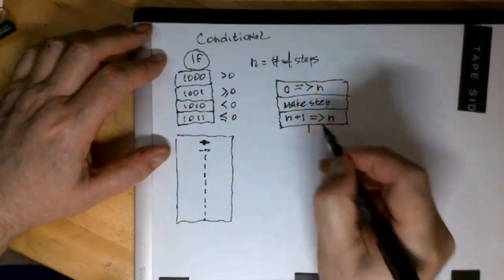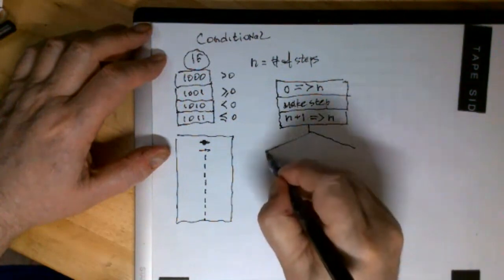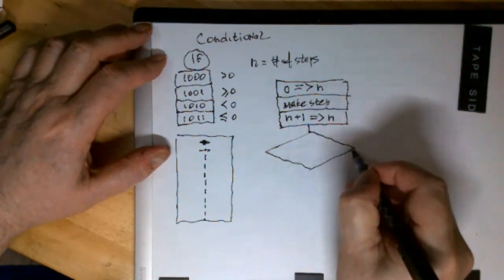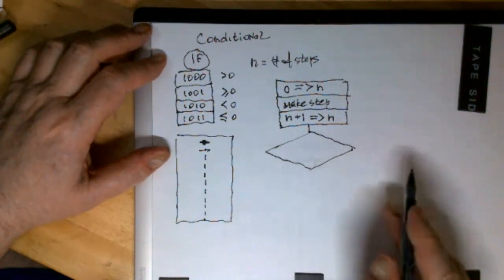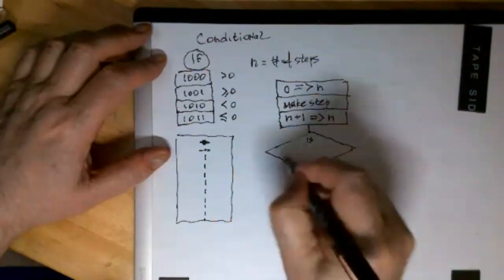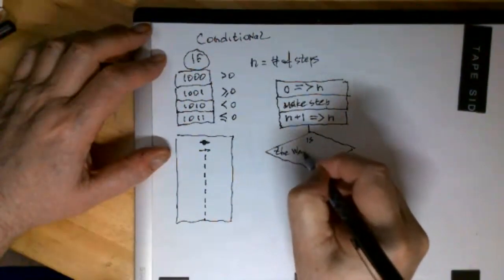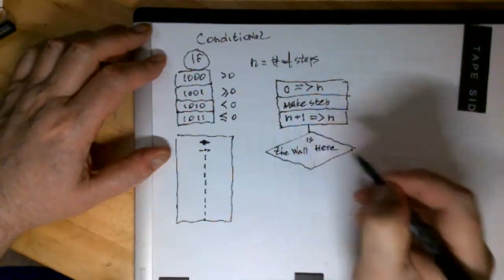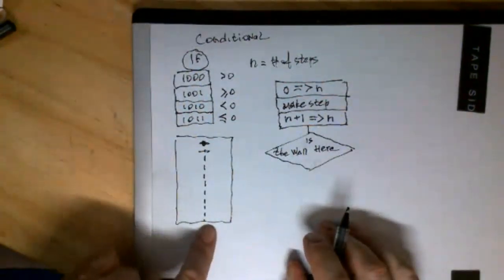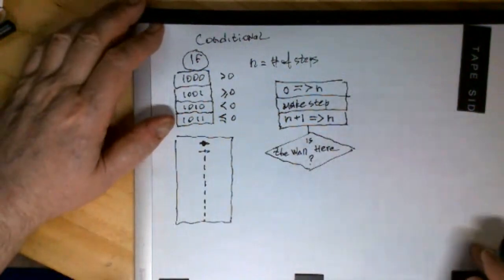And then something magic, folks. I need to ask myself or computer, and that operation will be depicted as a rhomboid, is the wall here? Meaning I'm already in front of the wall, and I put question.